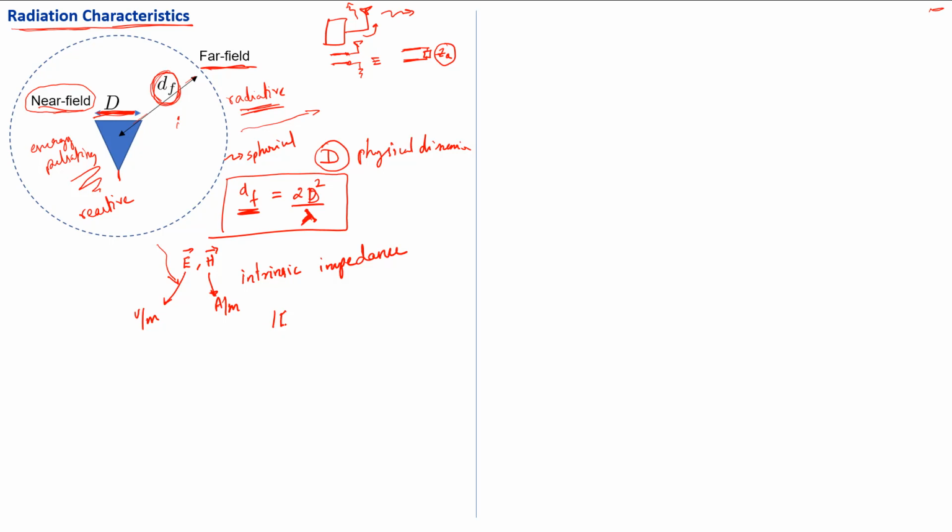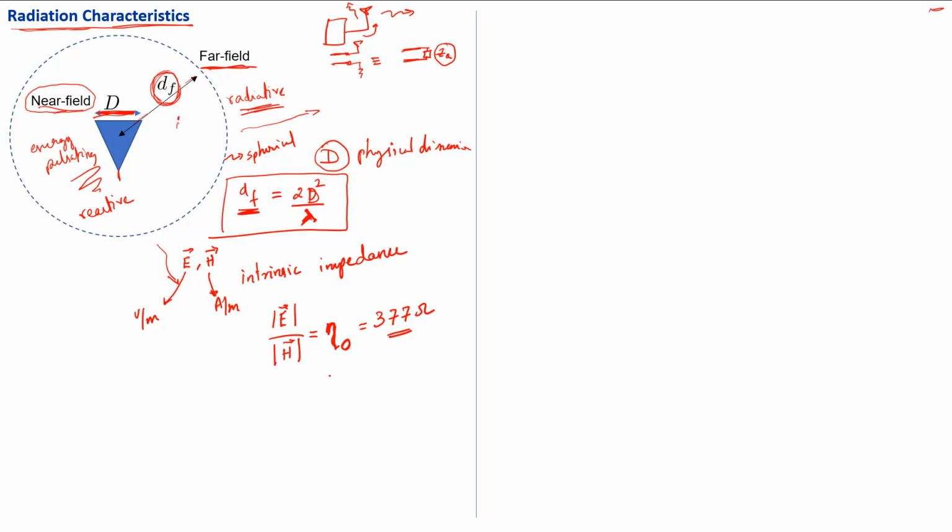So the ratio of the magnitude of the electric field over the magnitude of the magnetic field is something like an impedance quantity, and that is what we call the characteristic impedance, eta naught, which is equal to 377 ohms for free space.